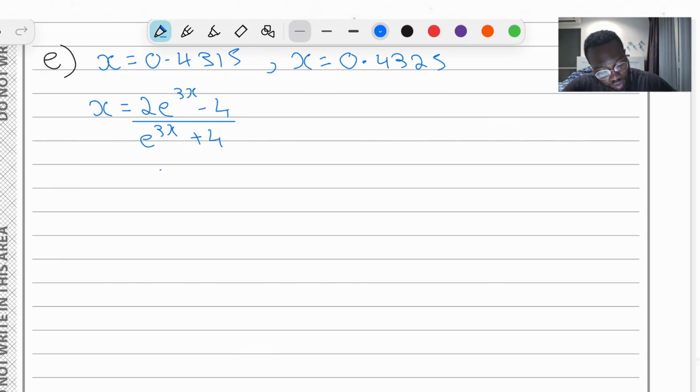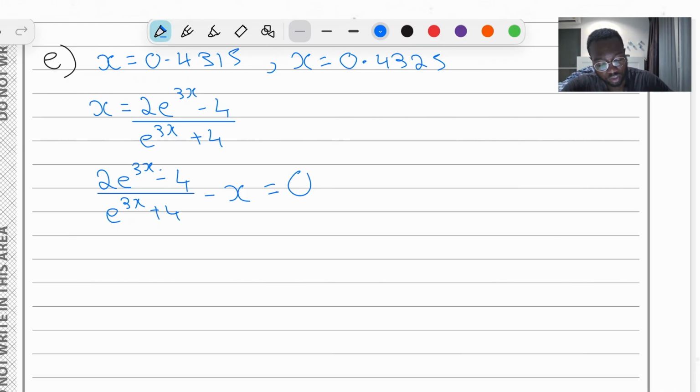So now I'm going to bring that x to the other side, so we get (2e^(3x) - 4) over (e^(3x) + 4) minus x is equal to 0. We brought that minus x to the other side.